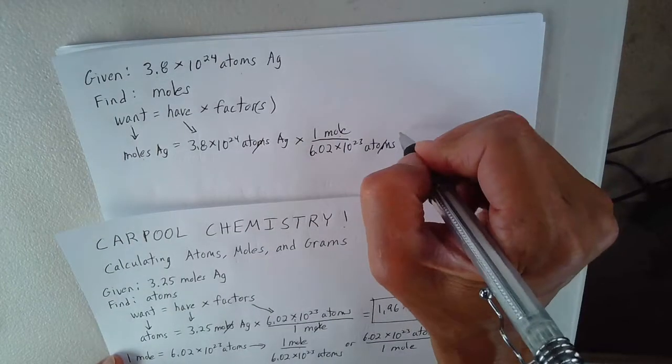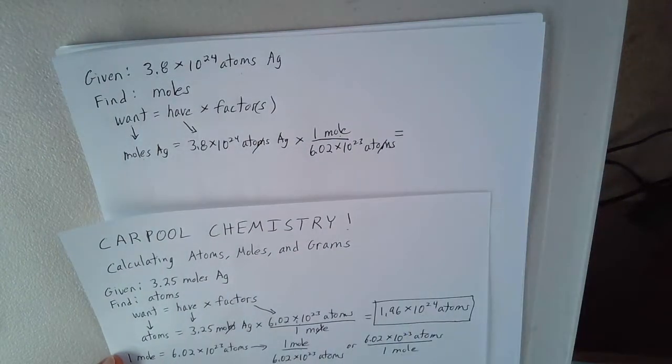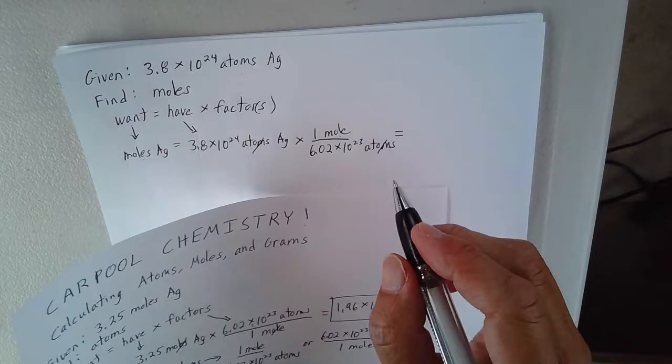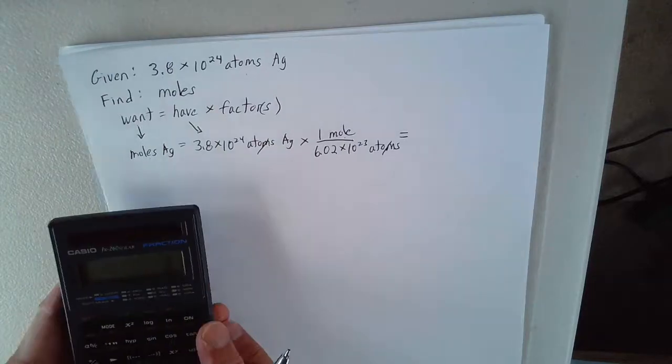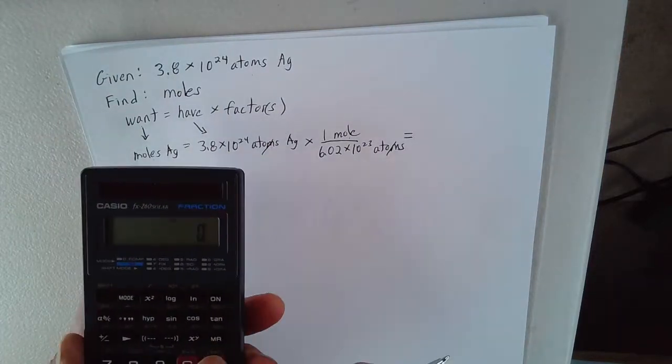So there's a pretty darn good chance that we did this correctly. And it looks like we can put our equal sign down now, since we have the unit that we're looking for. And then we can pop this in on our calculator over here.